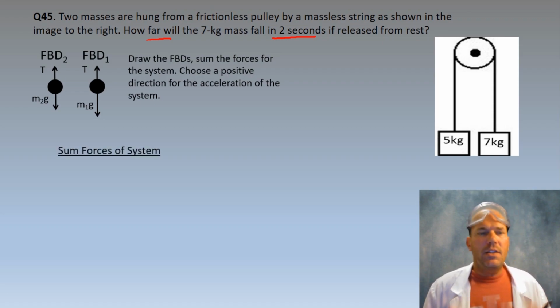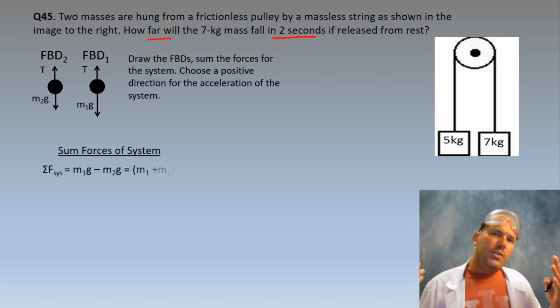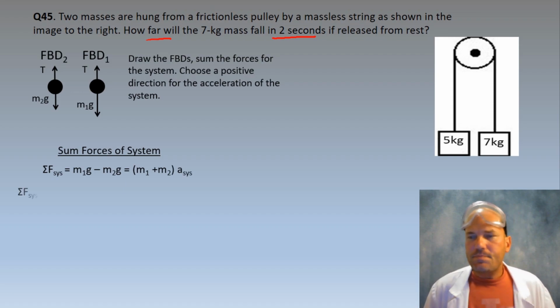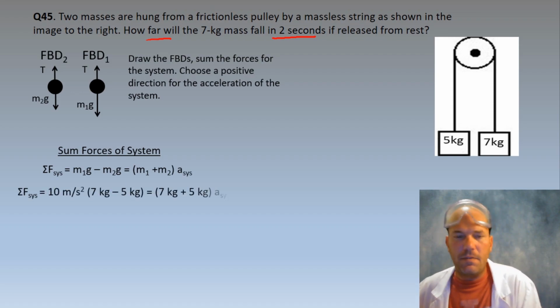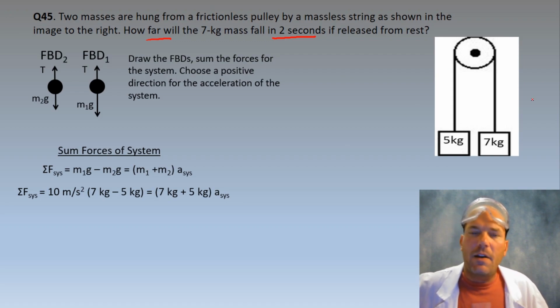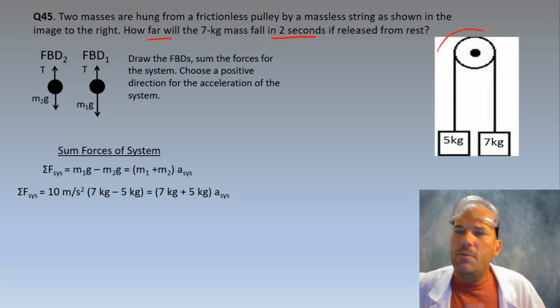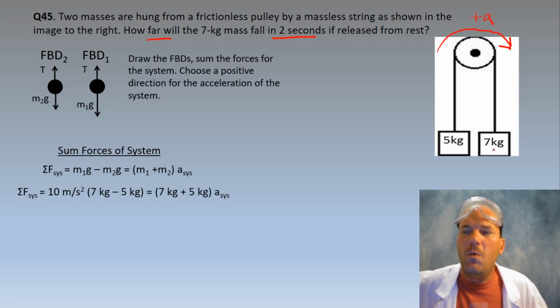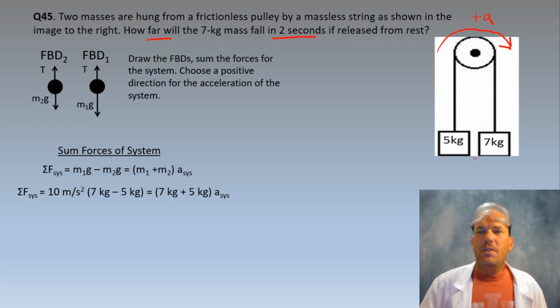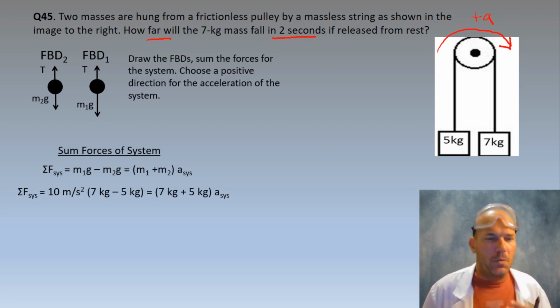Let's use a system approach to sum our forces, and we're going to define the positive direction this way, which should be very intuitive because this has a greater force on the system. So the 5 kilogram mass will go up, the 7 kilogram mass will go down.